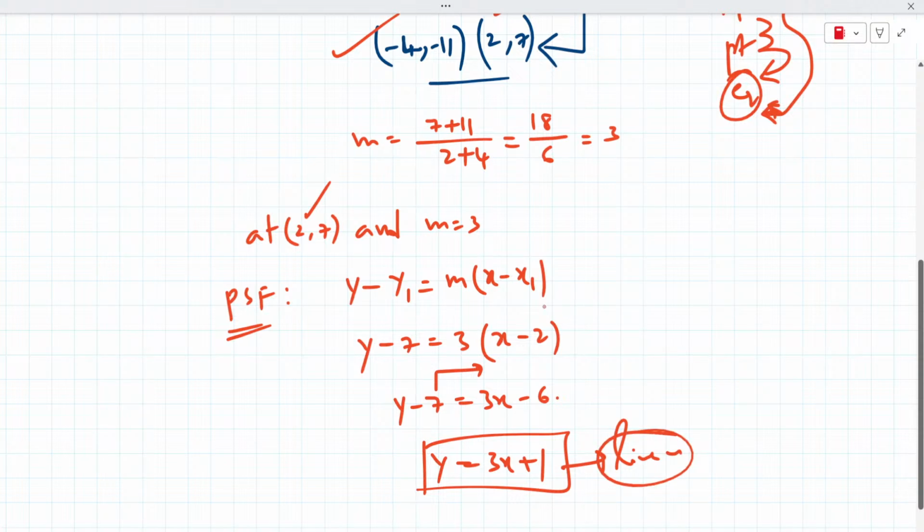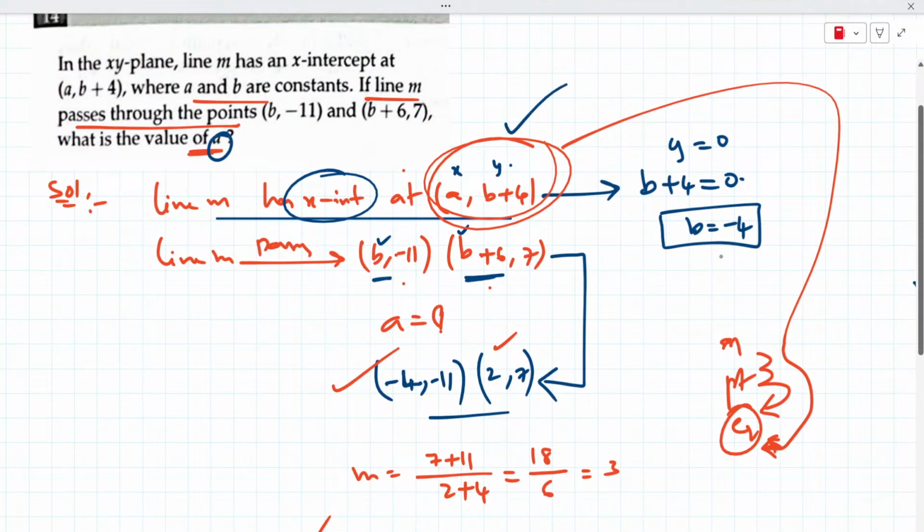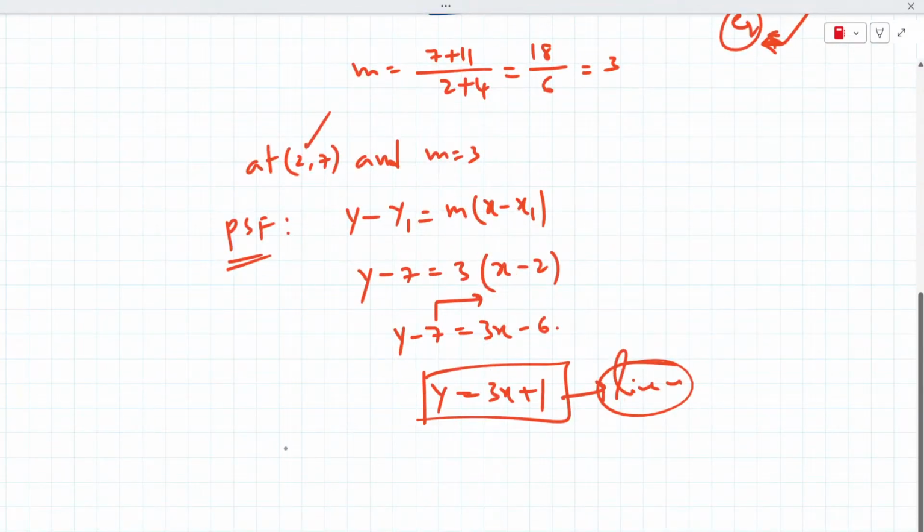Now that I have line M, I use the point (a, b plus 4). What is y? Y equals b plus 4. Since b is negative 4, negative 4 plus 4 is 0, so the y value is 0.